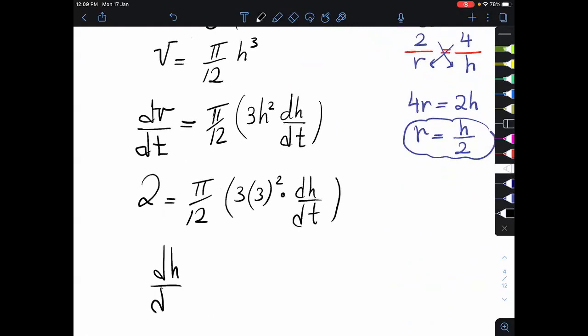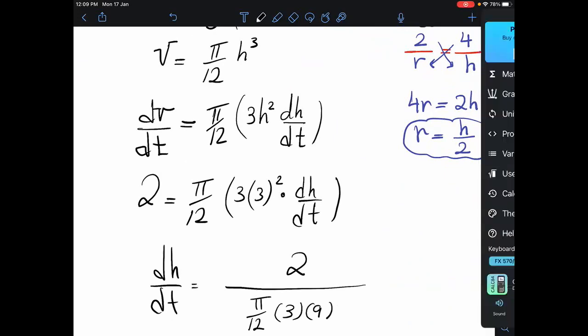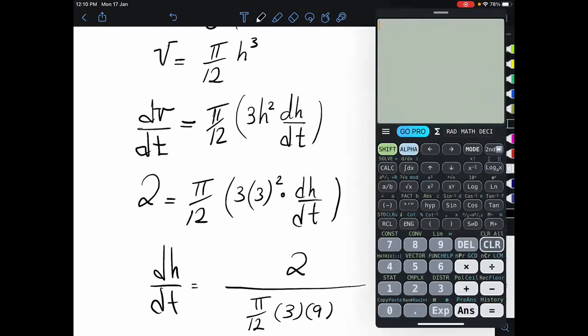Finally, dh over dt is equal to 2 over pi over 12 times 3 times 9, which is 27 divided by 12. So make a fraction, it's 2 over 27 divided by 12, pi over 12, times 27.